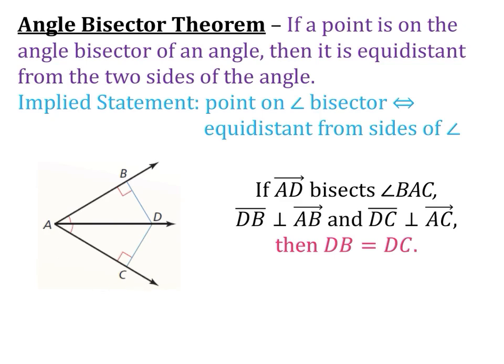So here we have our picture. We have ray AD as our angle bisector, and it's splitting angle BAC into two equal angles.